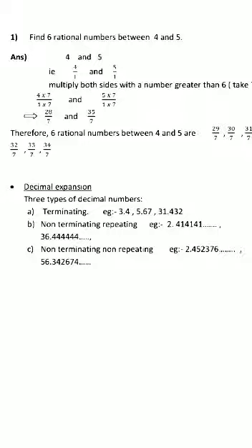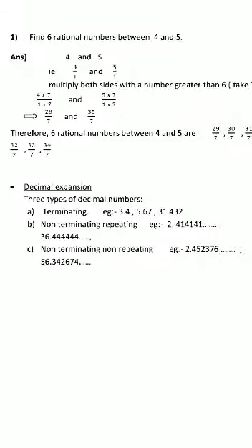We want 6 numbers, so we multiply by a number more than 6. You can take 7, 8 or 9, but better take 7. Multiplying both terms with 7, we get 28 by 7 and 35 by 7.